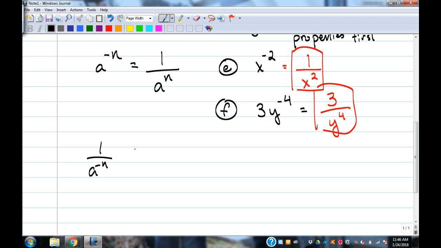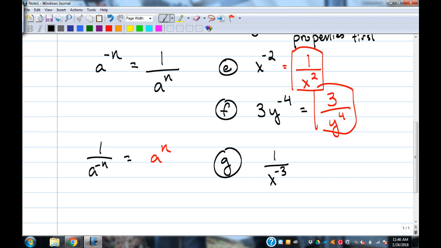It's already in the denominator, and it has a negative exponent in it. To change the sign, where do you think it moves to? Up to the numerator and becomes positive. Examples of that would be something like you start out with a 1 over x to the negative 3.